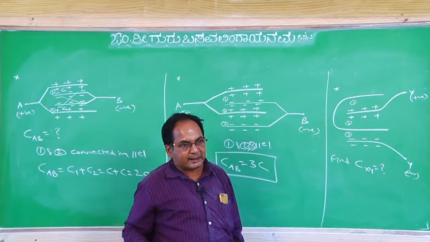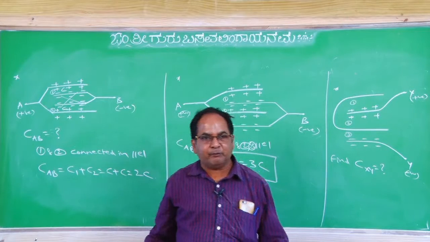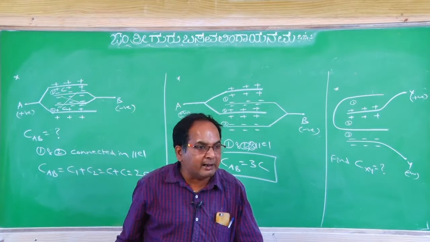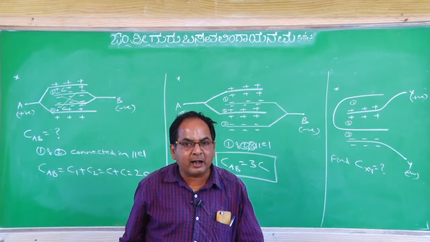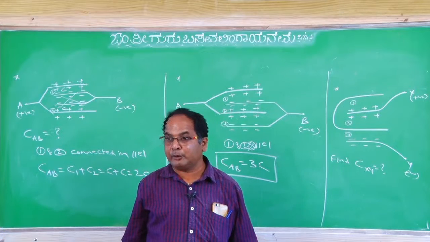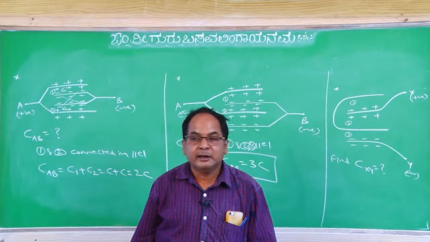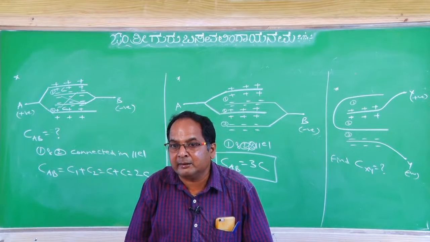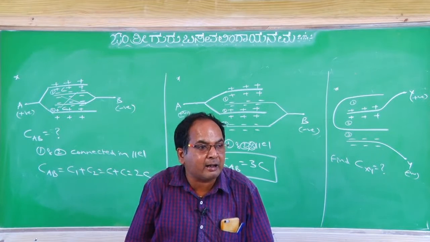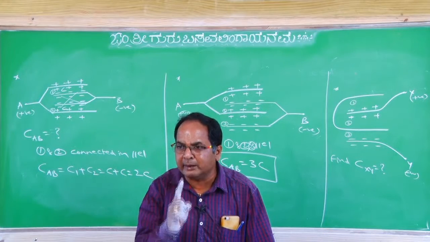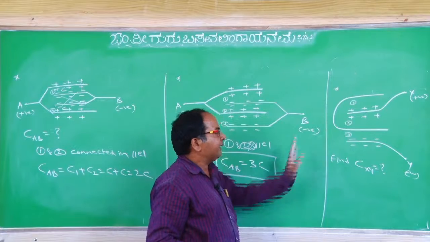So capacitor means here another point came: one charged plate and one opposite charge or neutral. Neutral also. Suppose we wrote one formula for spherical conductor, C is equal to 4 pi epsilon naught R. In that how many spheres are there? Only one.